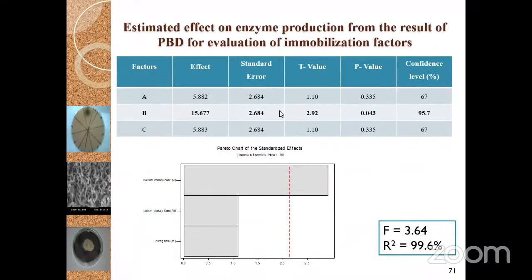Then after studying the Pareto chart, it was observed that the significant factor, that is the factor having a p-value less than 0.05, is the calcium chloride concentration.